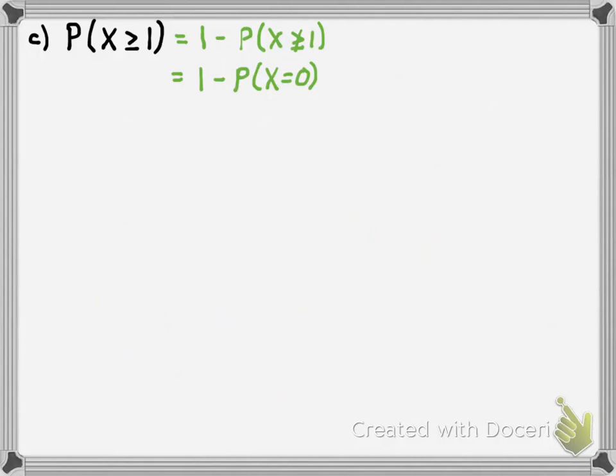Now, that's going to be a little bit easier to calculate than had we tried to take all 5 of the other possibilities and add them together. All right, so we're going to get 1 minus 5C0, right? We're having 0 successes this time, times 0.8 to the 0 power, again, 0 successes, times 0.2 to the 5th power, because, well, 5 failures, right? And follow through with your GDC, figure out what that is.